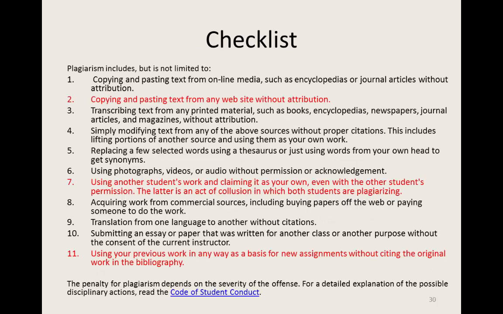So here's our checklist again. We presented this earlier. Plagiarism includes, but is not limited to, number 1, copying and pasting text from online media, such as encyclopedias or journal articles without attribution. Number 2, copying and pasting text from any website without attribution.